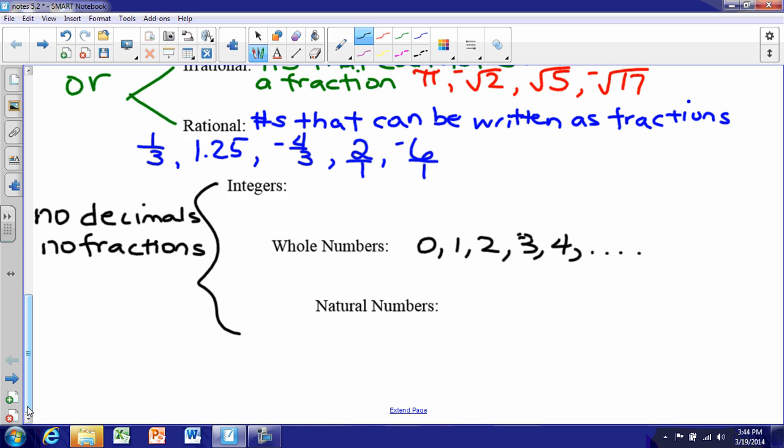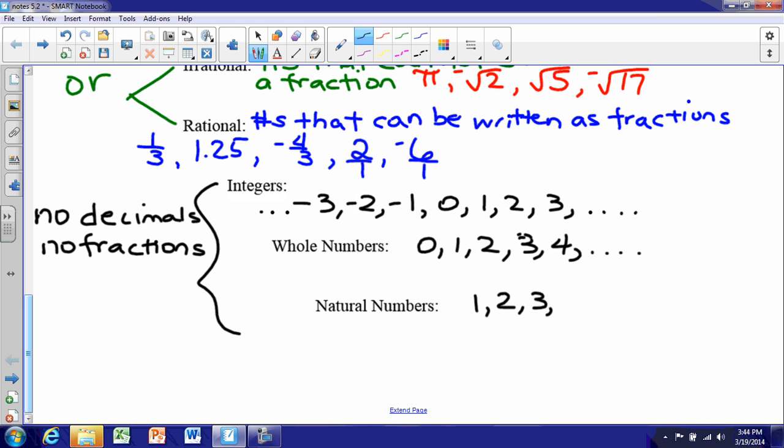But integers go forever in both directions, so they include the negatives and the positives forever and ever. And then natural numbers are a subcategory of whole because they only include the positive numbers but not 0. Okay? And please understand that 0 is neither positive or negative. Okay? So 0 cannot be positive or negative. All right, that's it on that one.